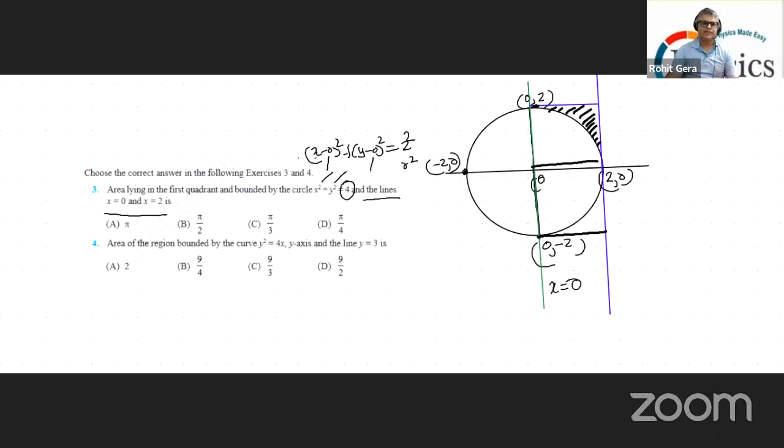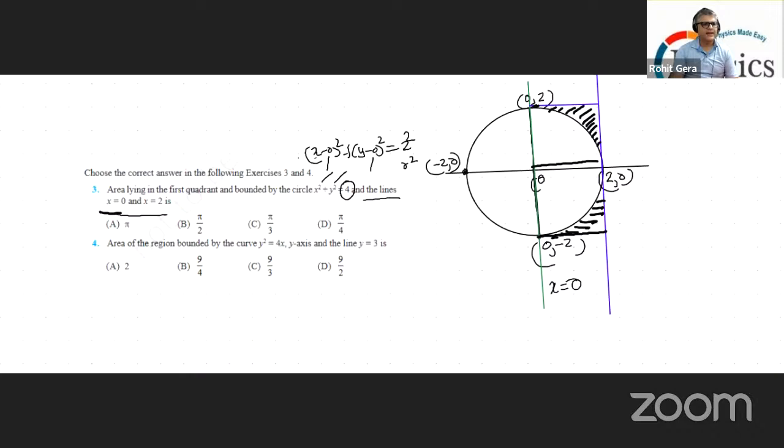So he means y equal to 0, bounded by the lines x is equal to 0 and x is equal to 2, bounded by this area. My only worry is in this particular area, I don't see the y-axis showing up.